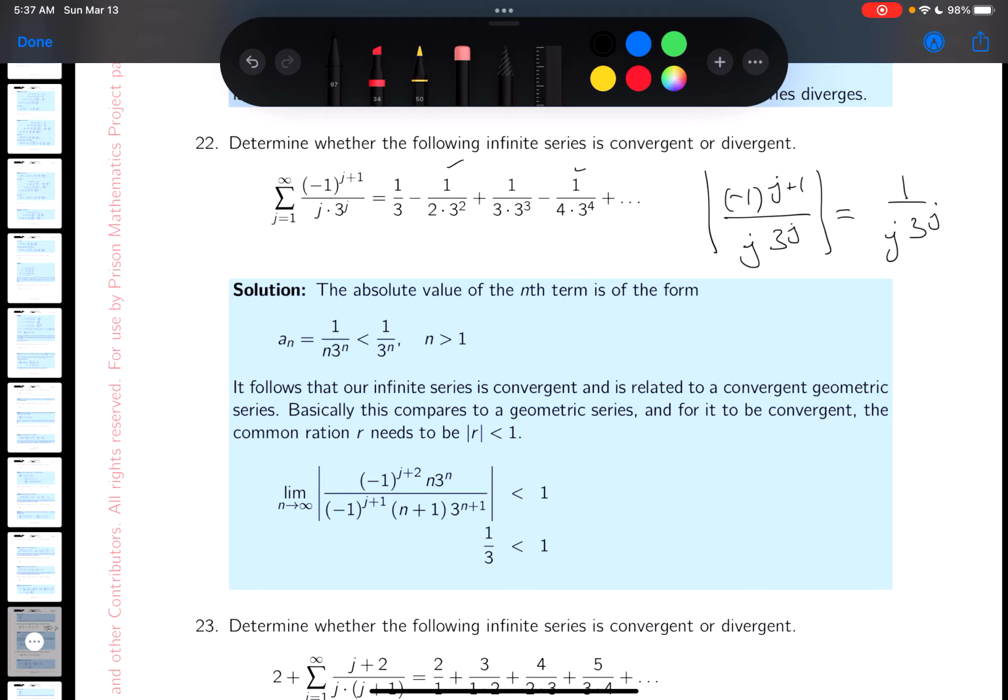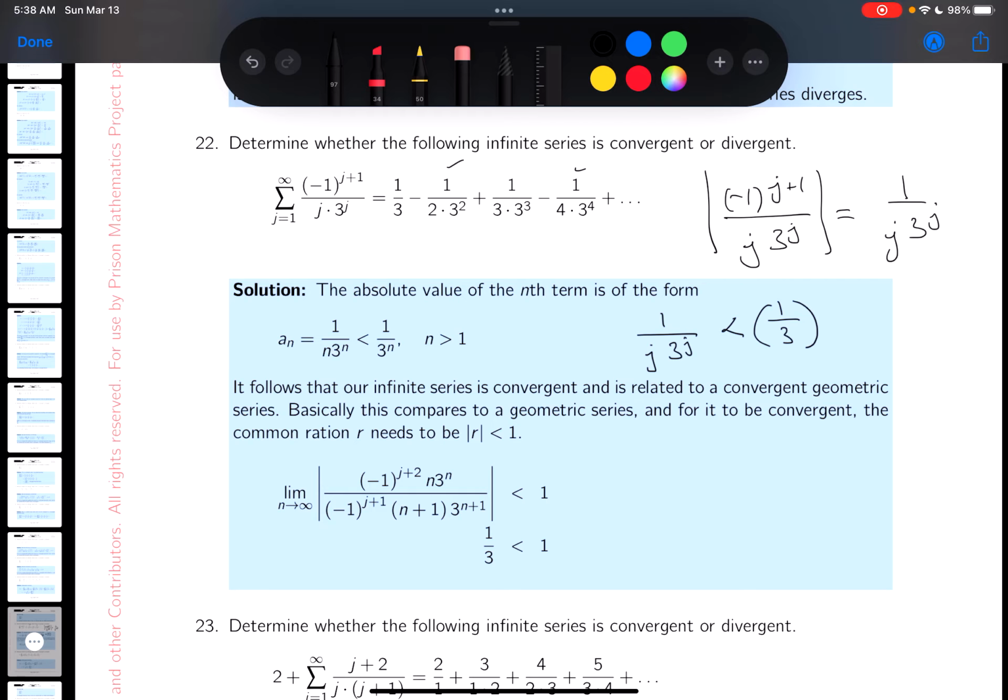All right, so what I want to do is get a comparison, something that's above. It's a positive term series now, so I'm looking for something that's above that. And what's above that? Well, let's take a look. I'm going to say a simple geometric term, right? I can use the same letters.